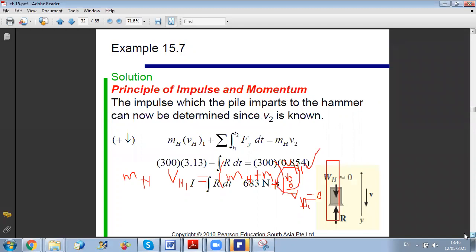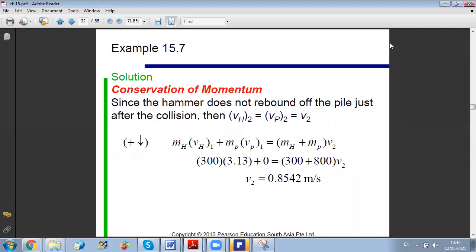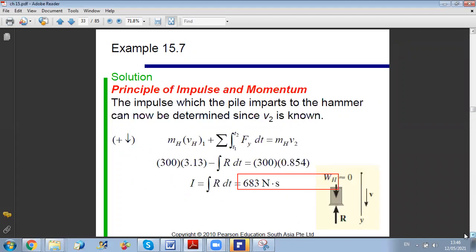Okay. Now, what did they also ask for? The impulse between them. Usually this is the method whenever they ask you for impulse. First step, we take the whole system and get the unknown final velocity. Once we get it, we can then take either the pile or the hammer as the system in order to show the impulse, because if we take both of them as a system, the impulse is internal.